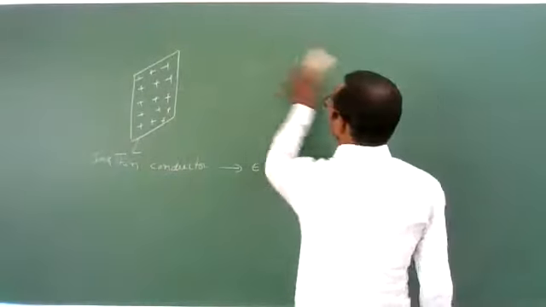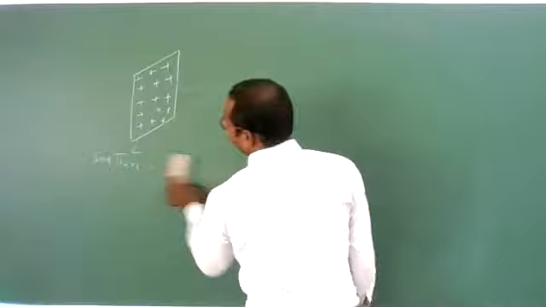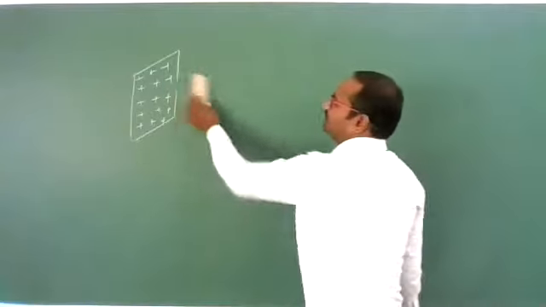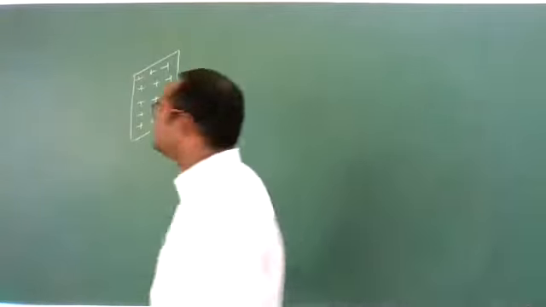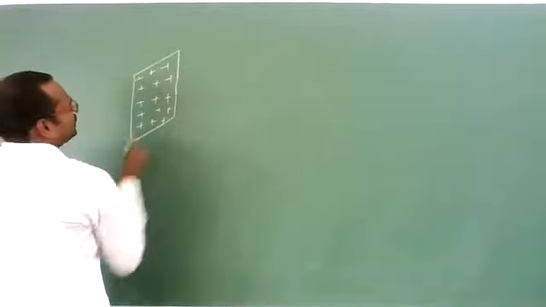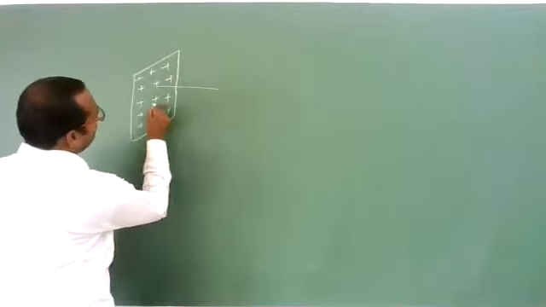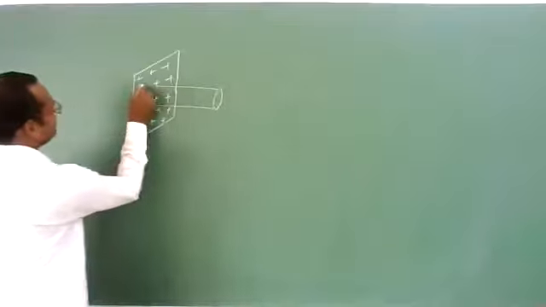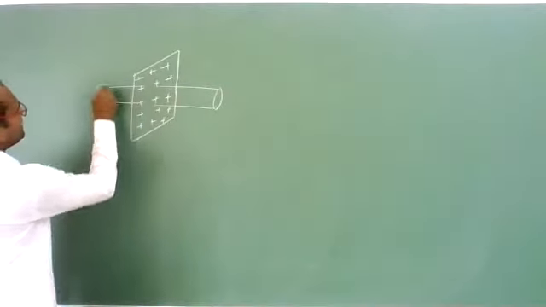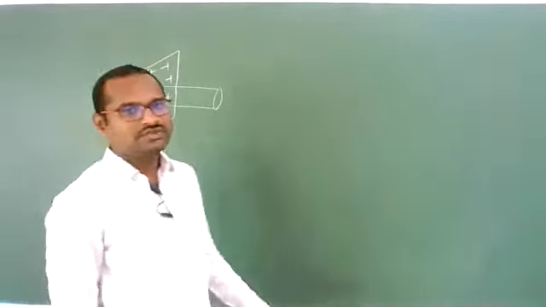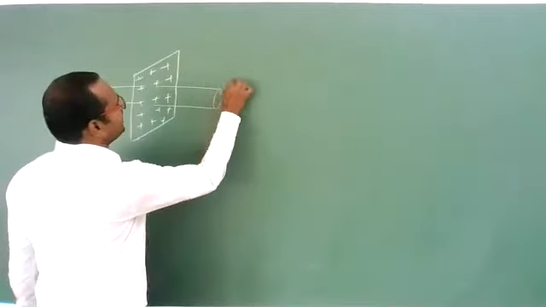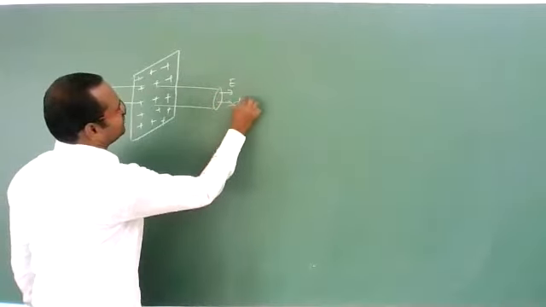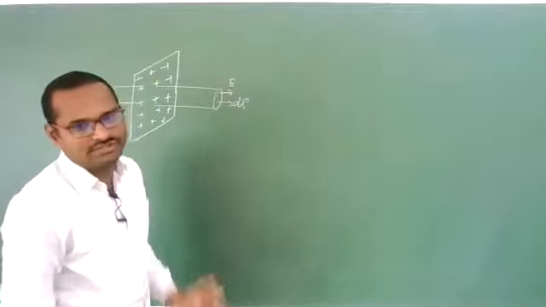Simple technique. See, students, imagine it is a conductor. Now we need to find the electric field due to this conducting sheet. What you need to do is draw one Gaussian surface. Which type of surface should you consider? A Gaussian cylindrical surface, so that the electric field and ds are in the same direction, and the electric field magnitude is also the same.